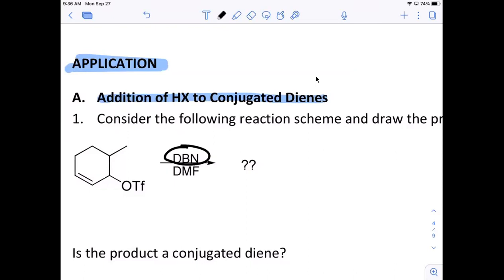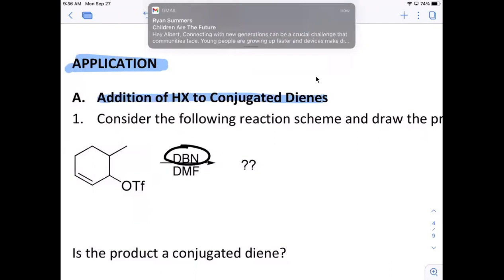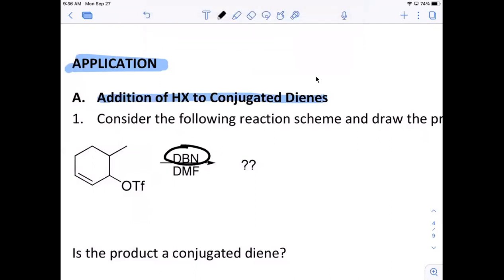But no, think back to the section we just studied. We looked at substitutions and eliminations, and DBN was one of the things that we studied when we were studying eliminations.